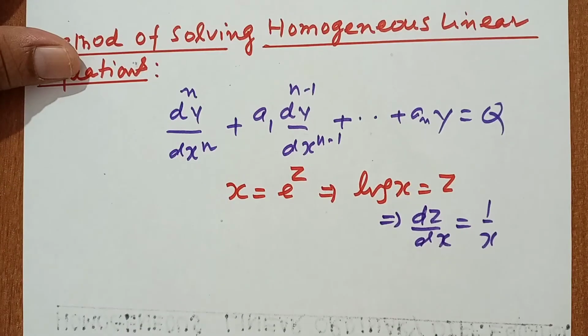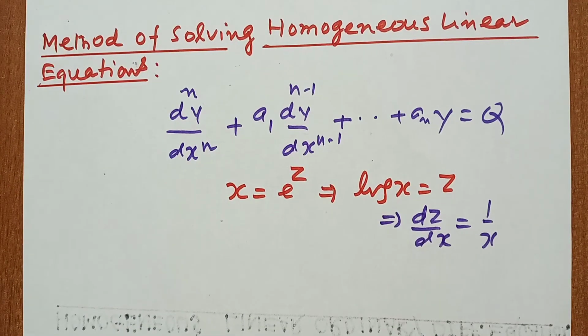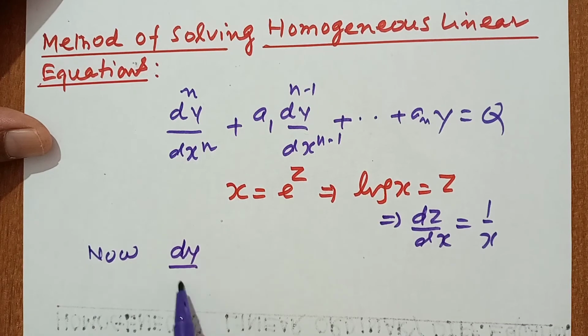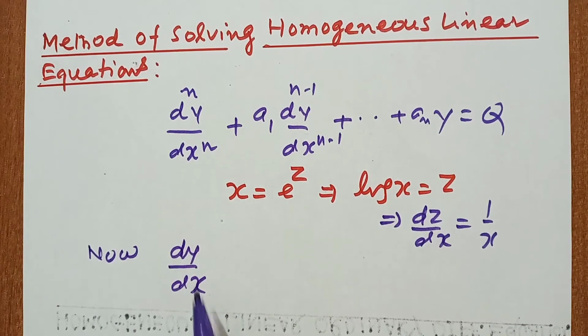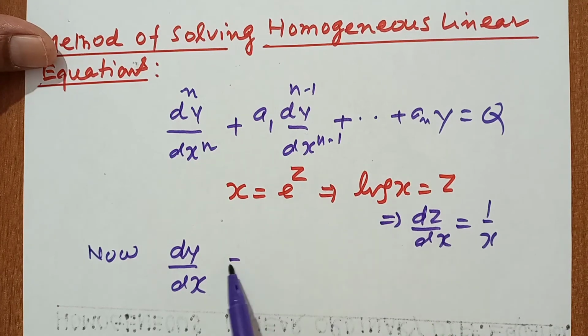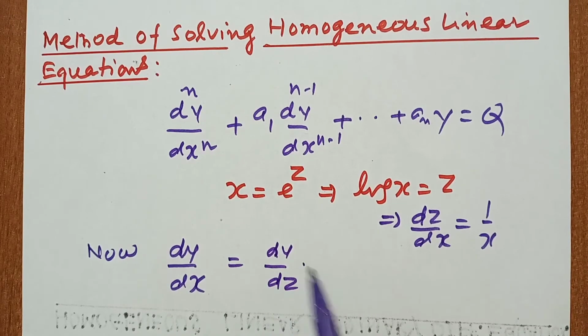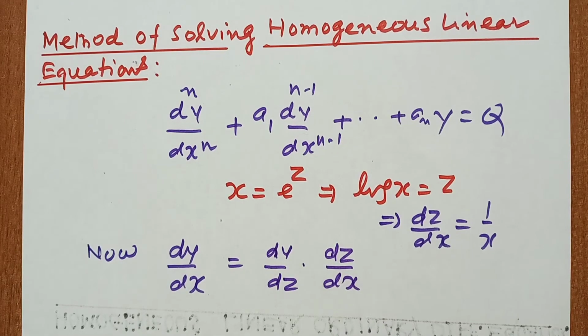Our aim is to calculate x dy/dx, x^2 d^2y/dx^2, and so on. So what is dy/dx? Here the independent variable is x, and now I want to change this x to z by this transformation. So this is equal to dy/dz into dz/dx. This is very easy.